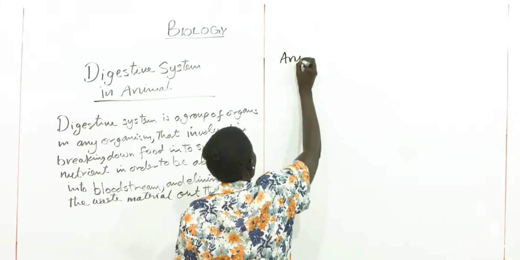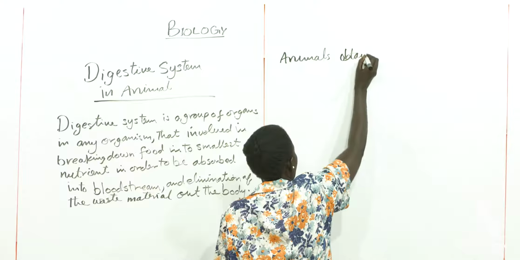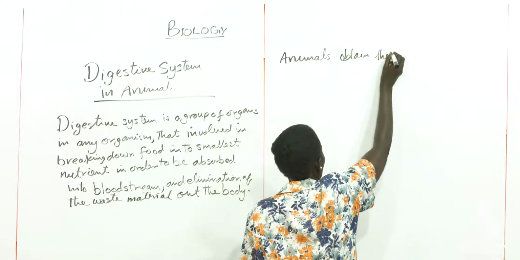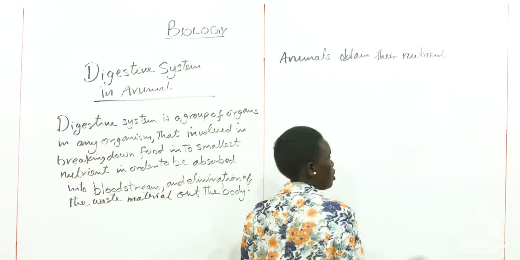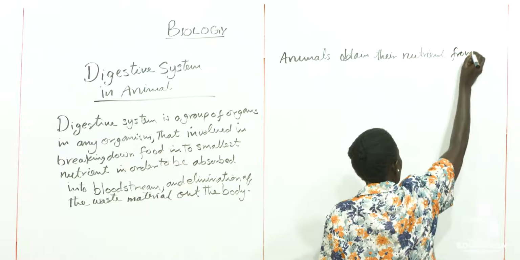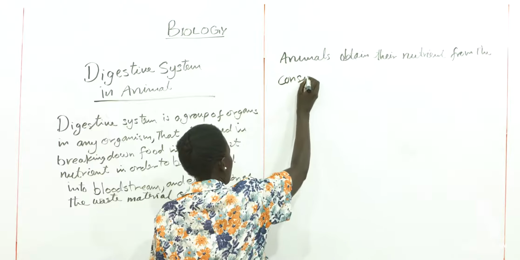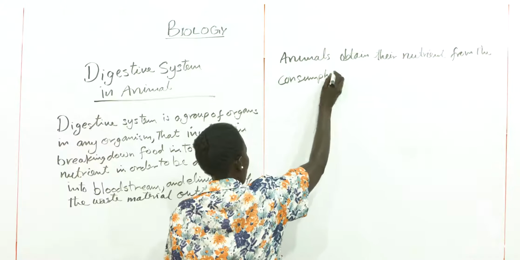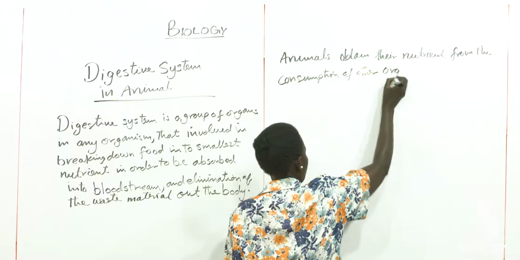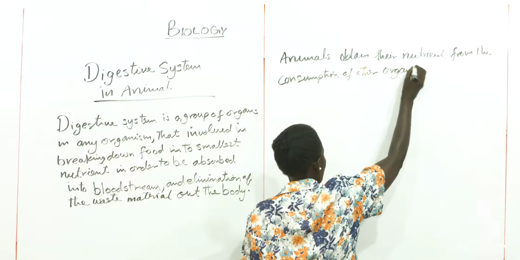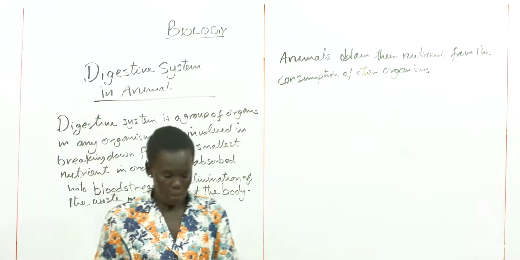Animals get or obtain their food, nutrient, from the consumption of other organisms.